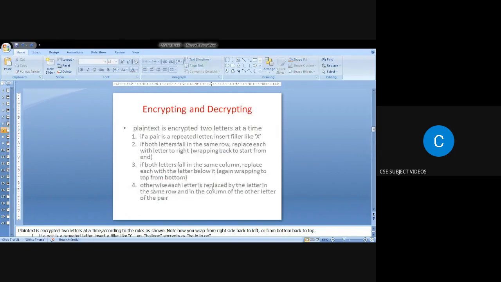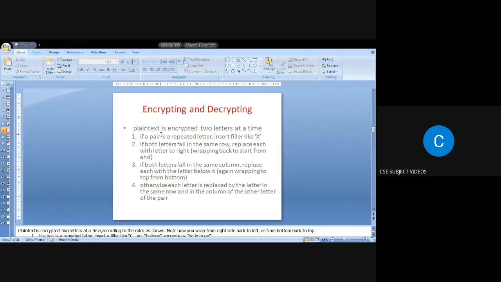The plain text is encrypted two letters at a time. We take the whole plain text and split it into digraphs. We pair two letters at a time in the given plain text, and we check whether the pair has a repeated letter.